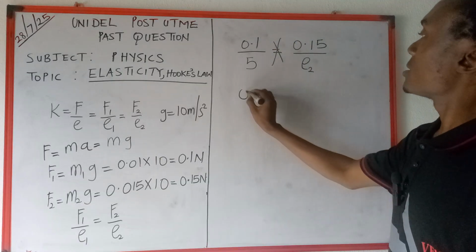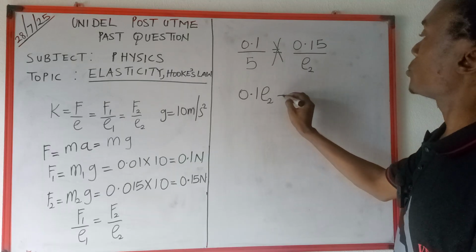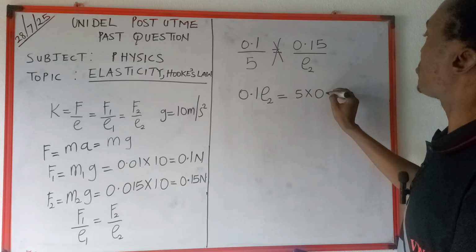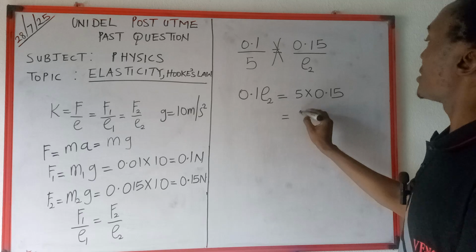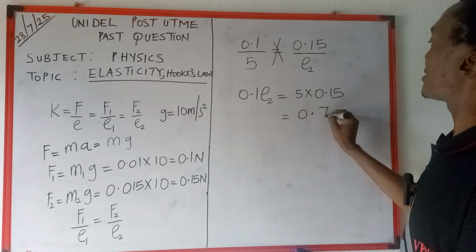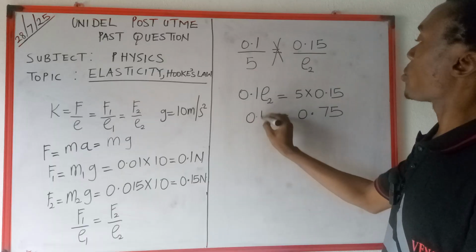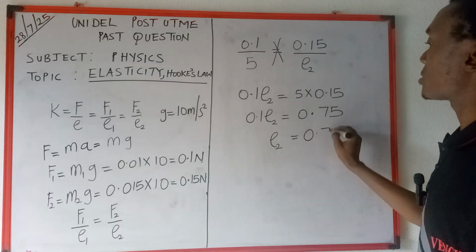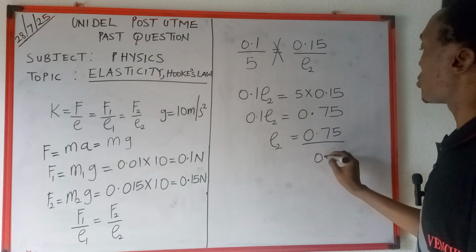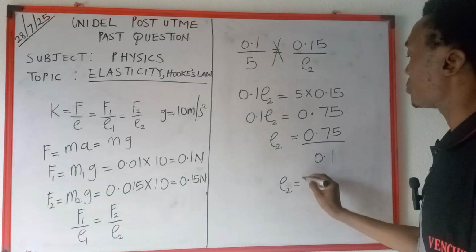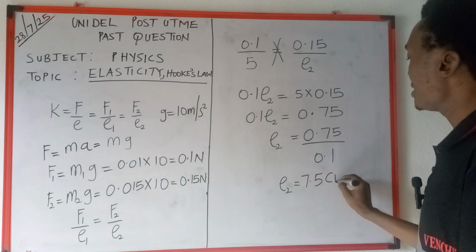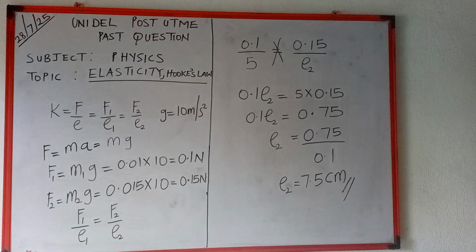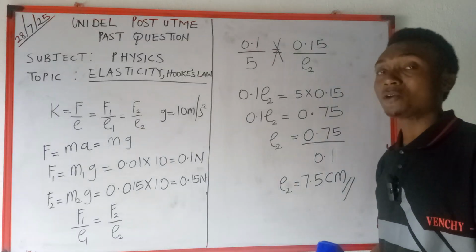You have 0.1 E2 equals 5 times 0.15, which is 0.75. So E2, dividing both sides by 0.1, is 0.75 over 0.1, and your final answer is 7.5 cm. This is the final answer for this particular type of question.